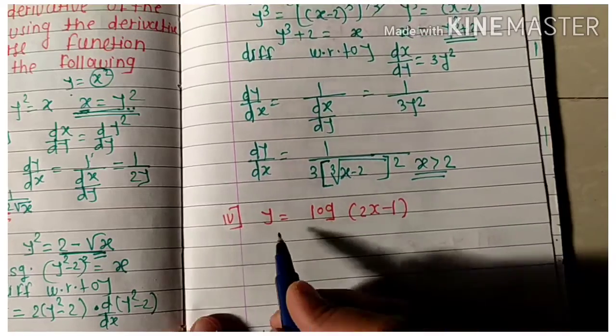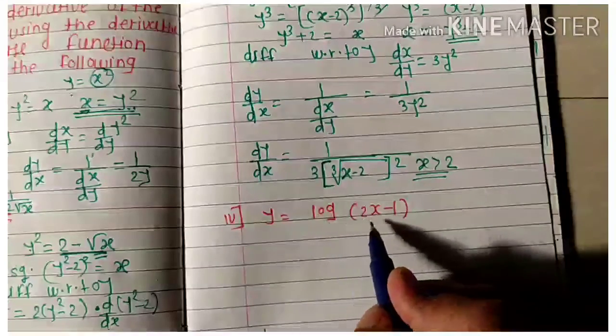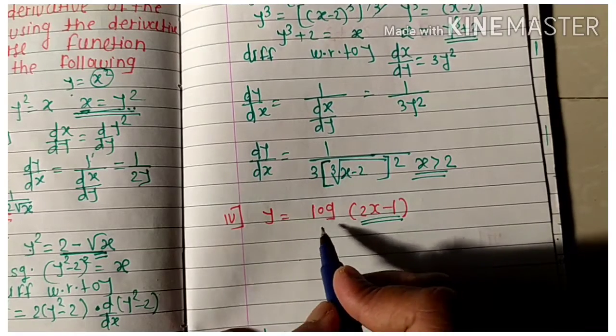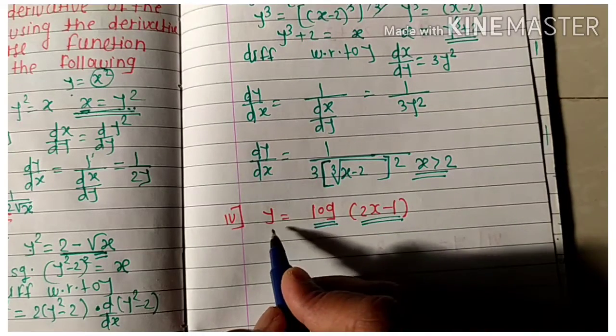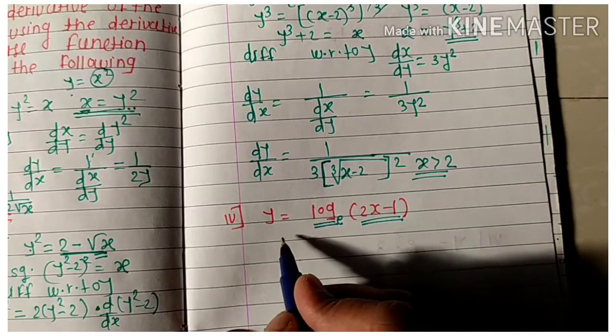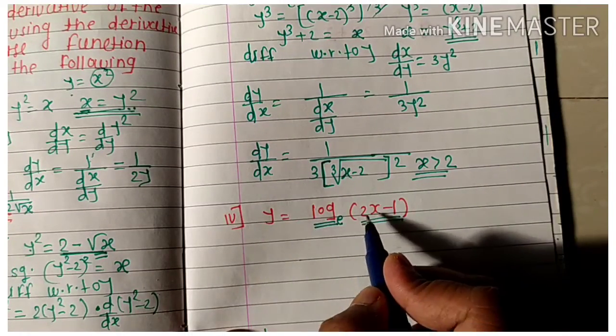Then for the next example, y is equal to, again it is expressed in terms of x, and we want x in terms of y. In order to remove this logarithmic term, log to the base e, we take exponential on both sides, and we get 2x minus 1.